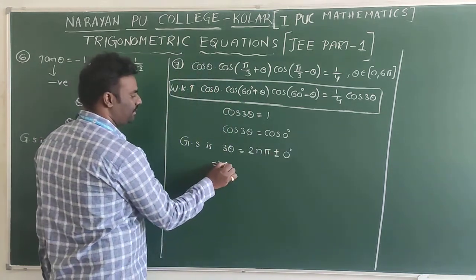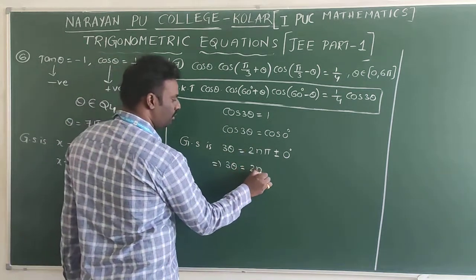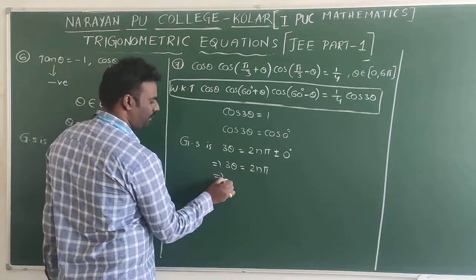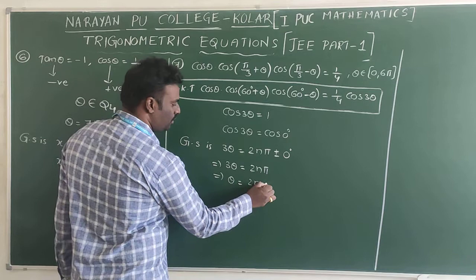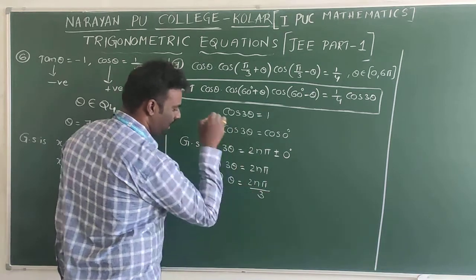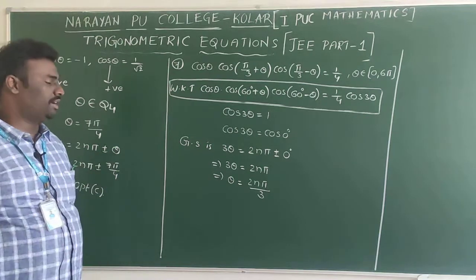That implies 3 theta equals 2n pi, theta equals 2n pi by 3.